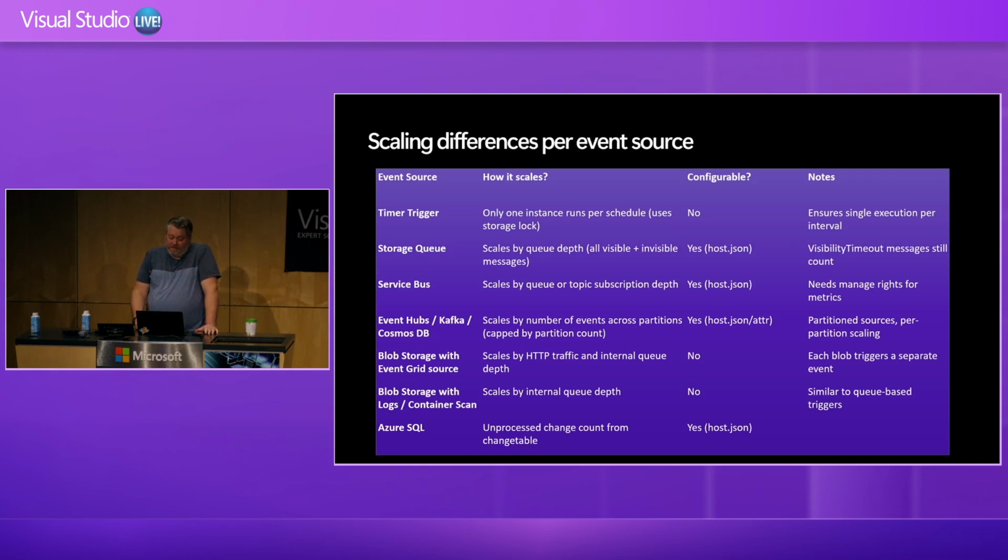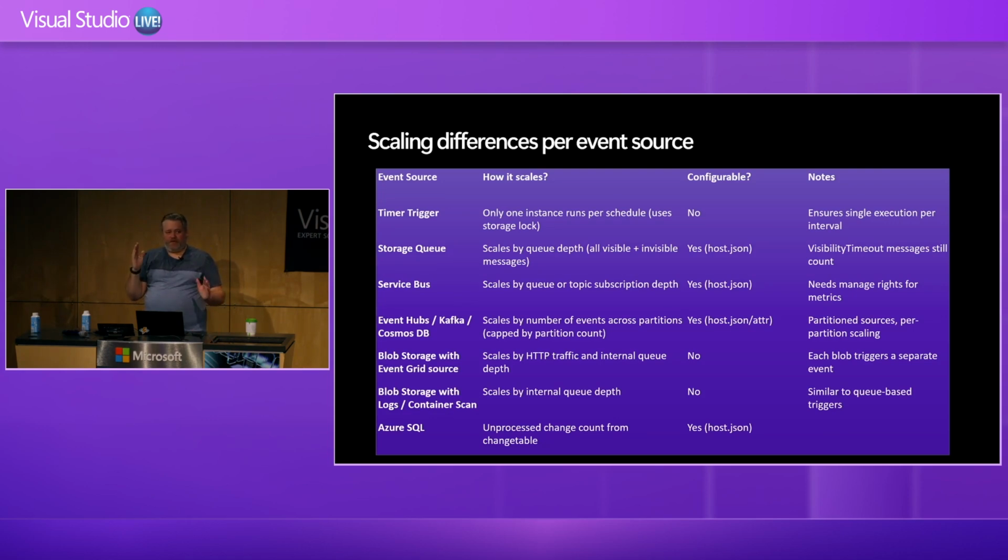So looking at event hubs, Kafka and Cosmos, they're all kind of partitioned solutions. If you think about event hubs, when you create the hub, you choose the number of partitions. And of course, the higher the tier of event hubs, the more partitions you're going to get. What the function app does is it looks at the number of events across all those partitions, but it won't scale out beyond that number of partitions.